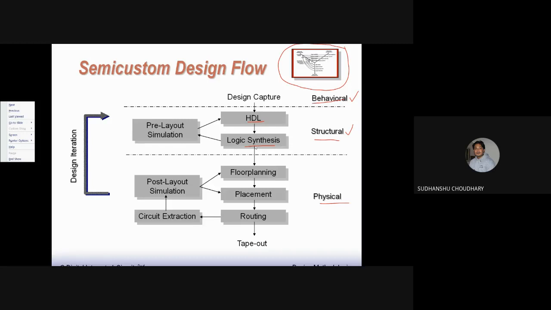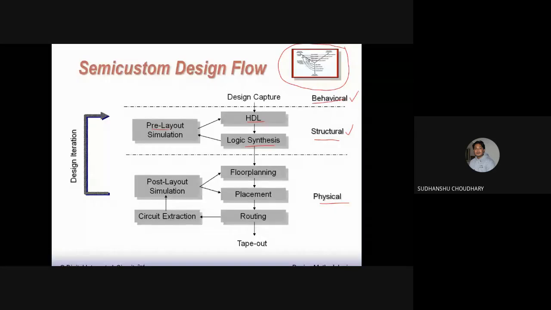From HDL you perform logic synthesis, and then from this RTL code you do the pre-layout simulation. Without drawing the layout, you do this SPICE simulation, or the simulation using ModelSim, to see the timing violations. So you do that pre-layout simulation.